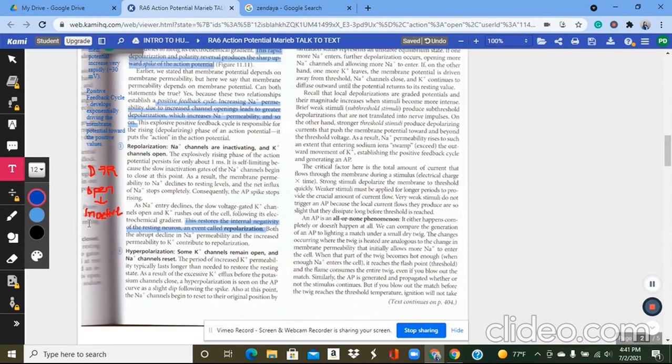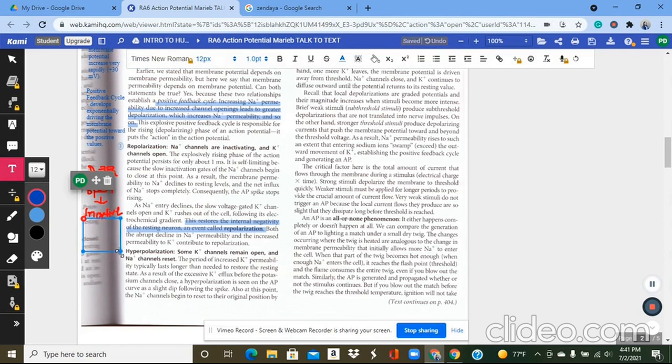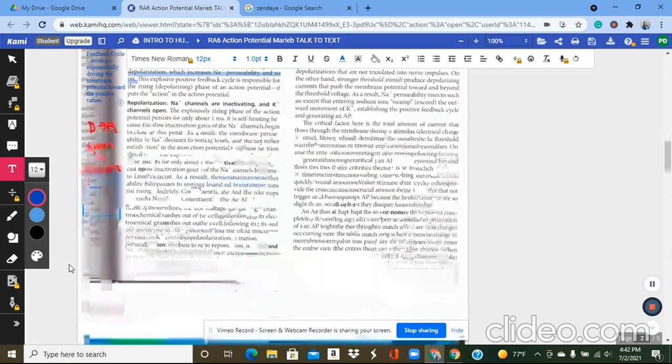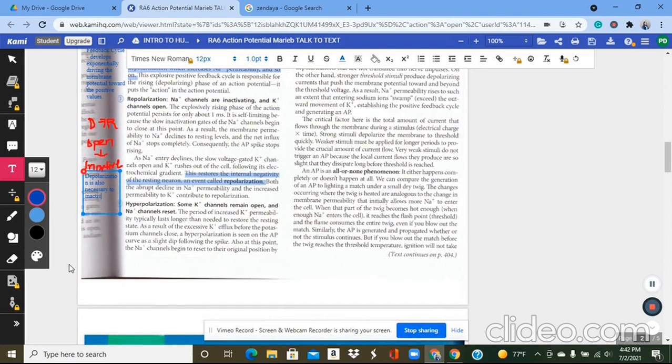Okay, I'm sorry, the camera is lagging a bit. So during this phase, which is basically from open to inactive, depolarization is also necessary to inactivate the channel.